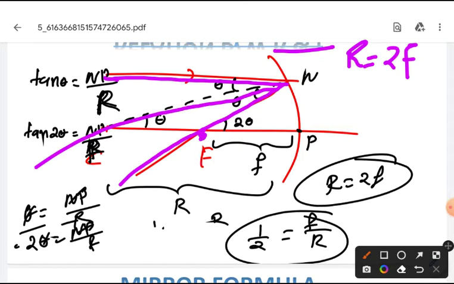We take tan theta, then tan 2 theta. Since theta and 2 theta are very small, we can take tan theta equal to theta. Just dividing, you get 1 by 2 is equal to f by r. So 2f is equal to r.